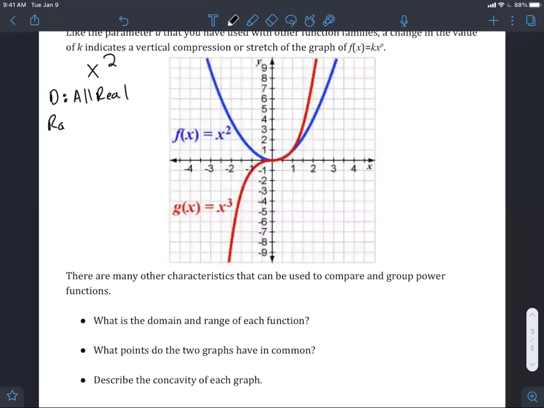Our range is restricted: our y values are greater than or equal to 0. We have concave up behavior. And for the record, this is all for positive k values. We have 1 minimum.